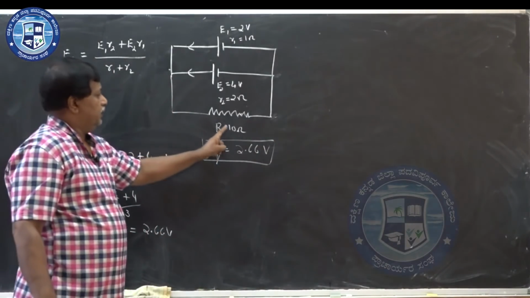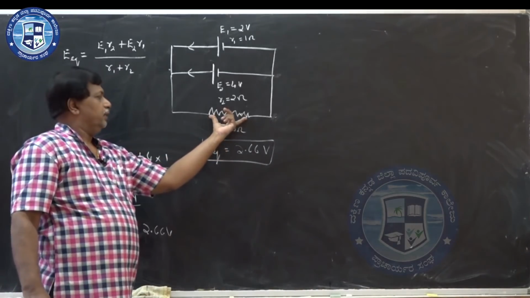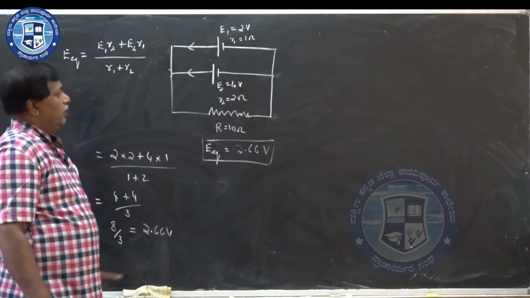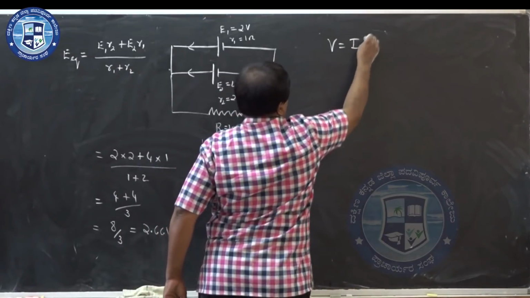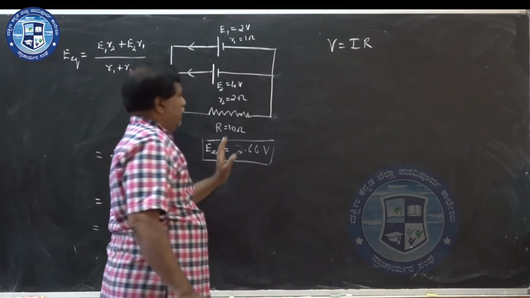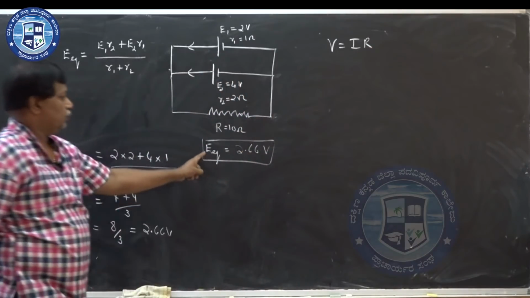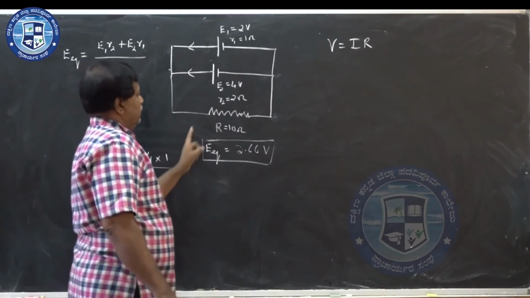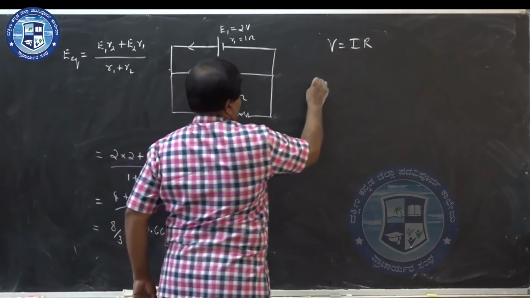Now the next challenge is to find the potential difference across the external resistor R. We know Ohm's law, V is equal to IR. Here we know R, so we need to find the current through the external resistor.